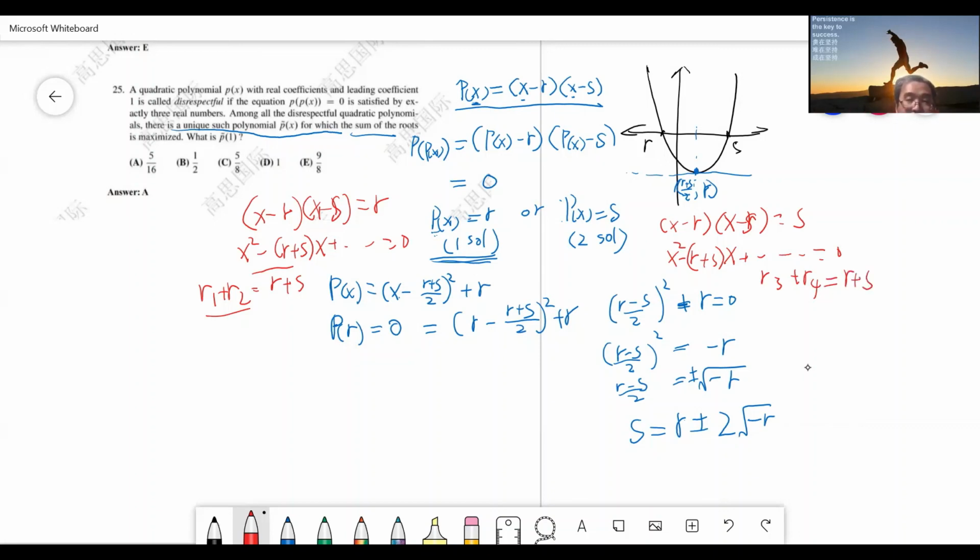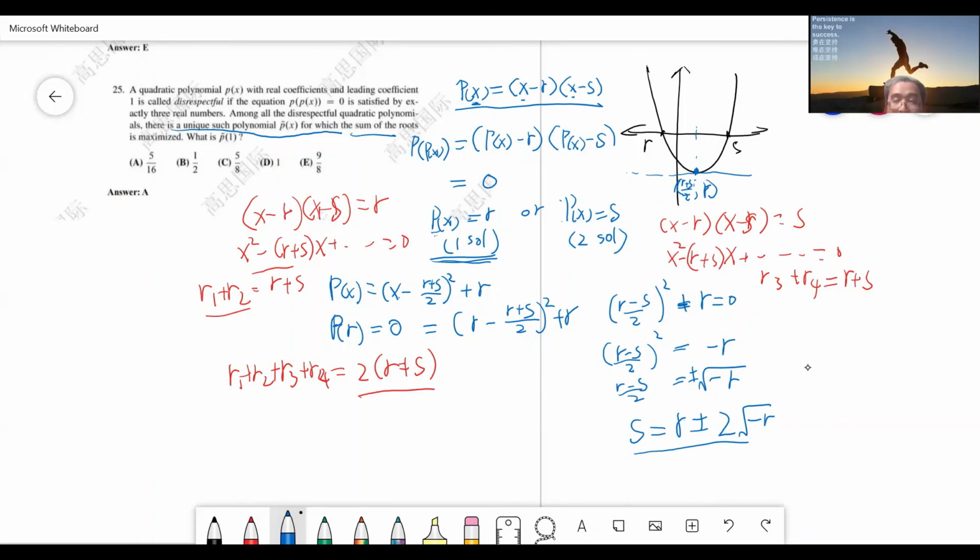So now basically the sum of all the roots, r1 plus r2 plus r3 plus r4, is just equal to 2(r plus s). We want this to be maximized, right? So now we have this expression.